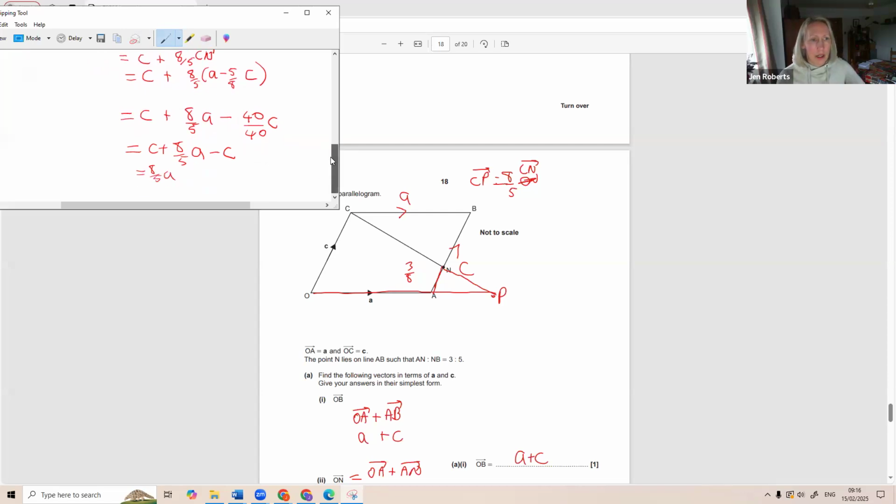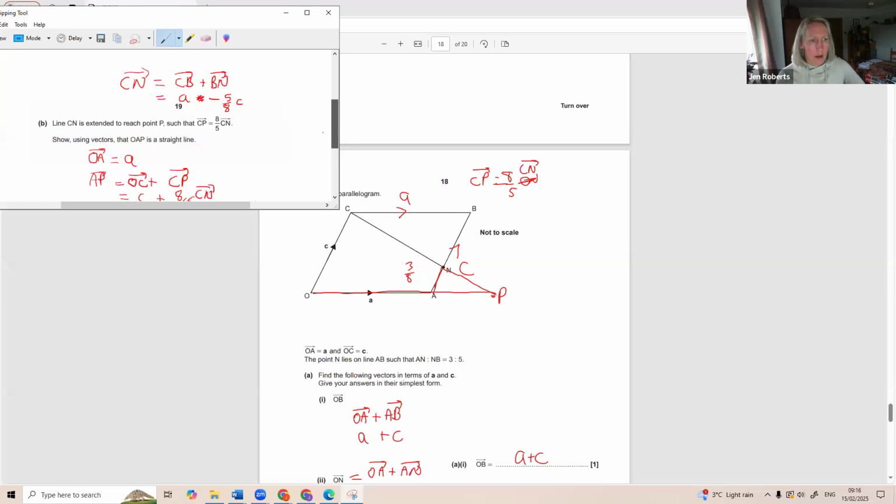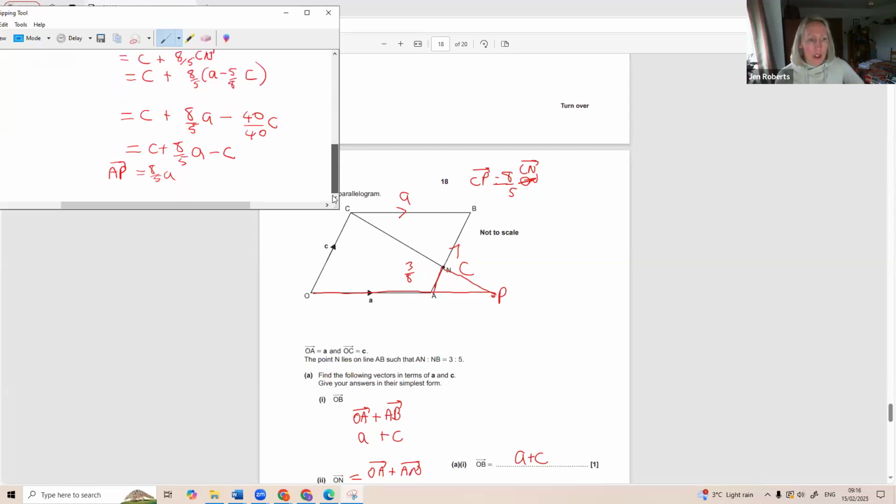Right, so now you can see OA is A and AP is 8/5 A. This is a multiple at 1 and 3/5 of this. They're a multiple of each other, so we can say they're parallel.